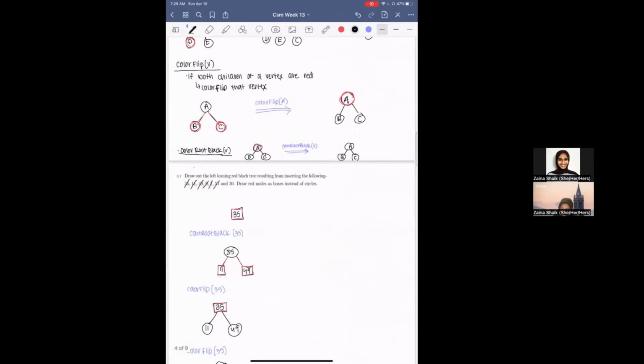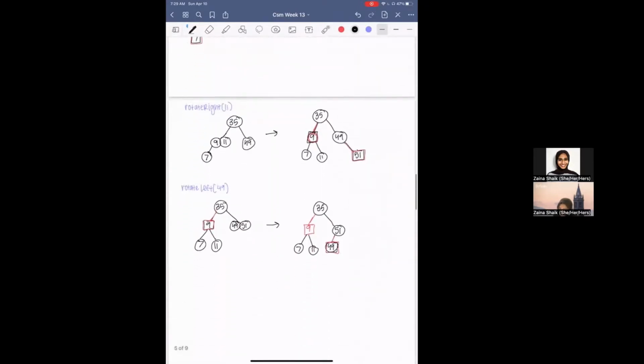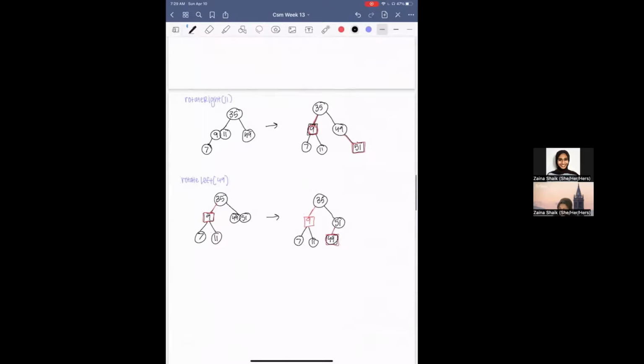So the last step is to insert 50. So remember, we insert it as a leaf. So we can insert 50 as red. And we have another violation, we have a right-leaning red node.